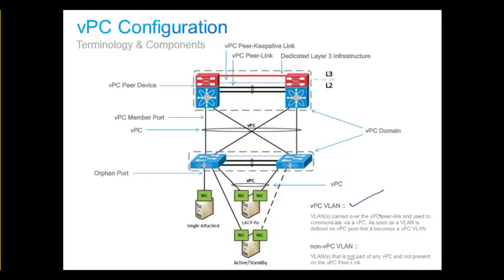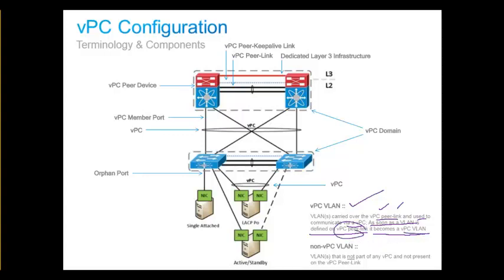The VLAN that is carried over the vPC peer link is used to communicate via a vPC. As soon as a VLAN is defined on the vPC peer link, it becomes a vPC VLAN. So if you take any VLAN and assign it to a peer link, it becomes a vPC VLAN.